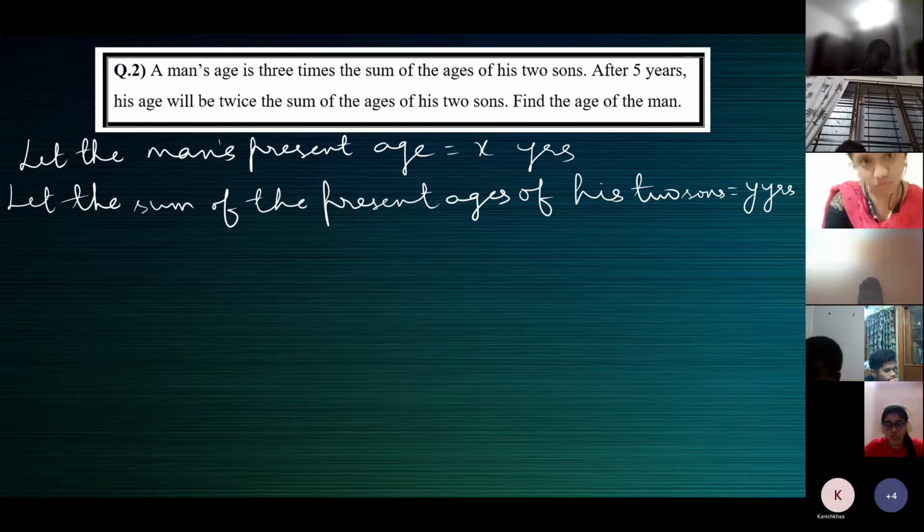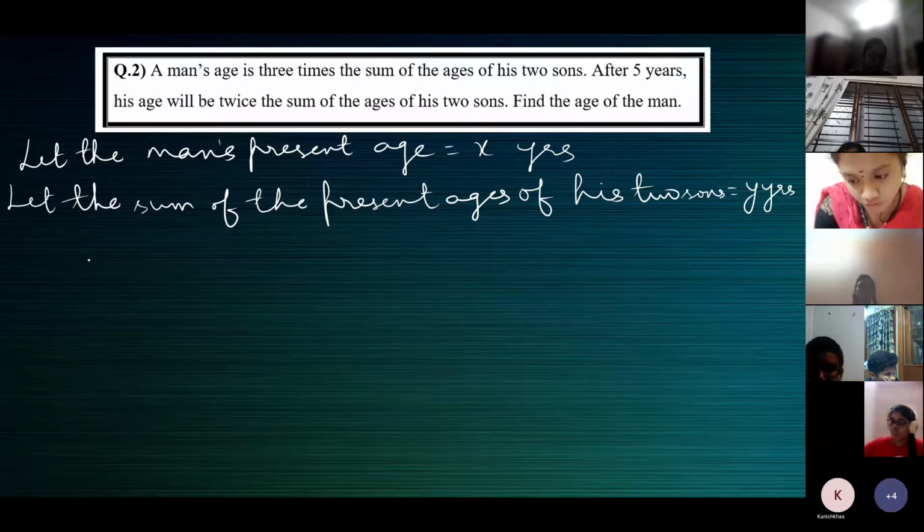Okay, then we are not assuming the ages of the 2 sons separately, like let one be y, the other one be z. No. Let the sum of their ages be y. We cannot in fact find their individual ages with the given information. So let the sum of the ages of the 2 sons be y years. Is it fine so far?